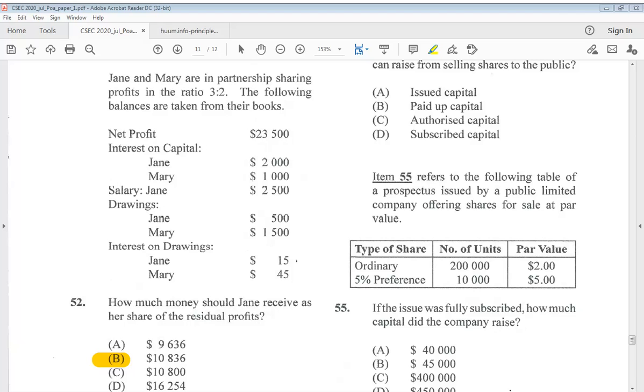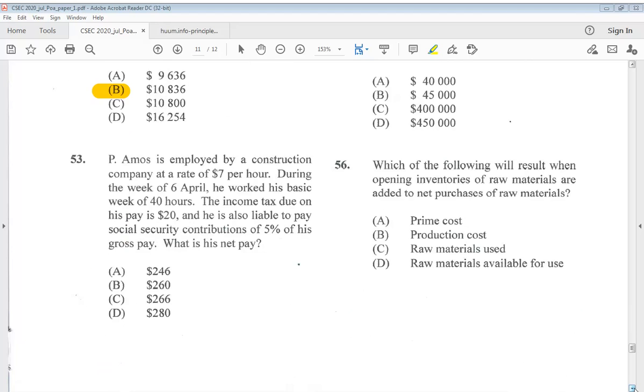Let's move on to number 53. It says P. Amos is employed by a construction company at a rate of $7 per hour. During the week of 6th of April, he worked his basic week of 40 hours.